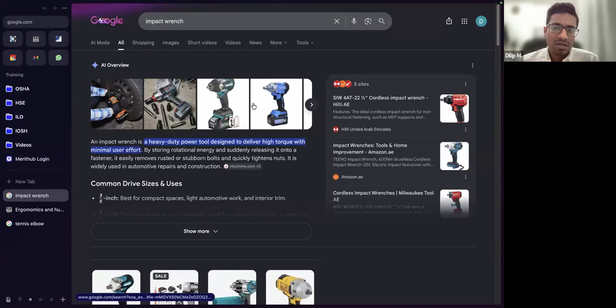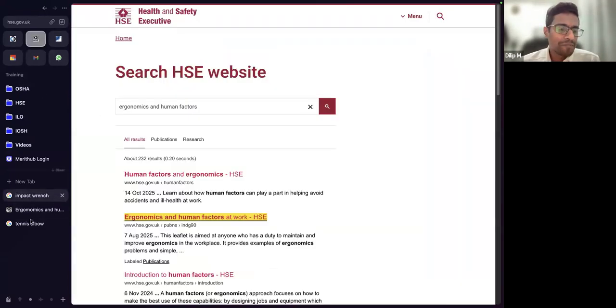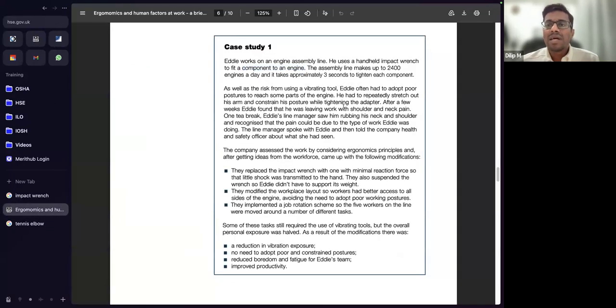And the assembly line makes up to 2400 engines a day, and it takes approximately 3 seconds to tighten each component. So it is very clear the task is repetitive, as well as the risk from using a vibrating tool.